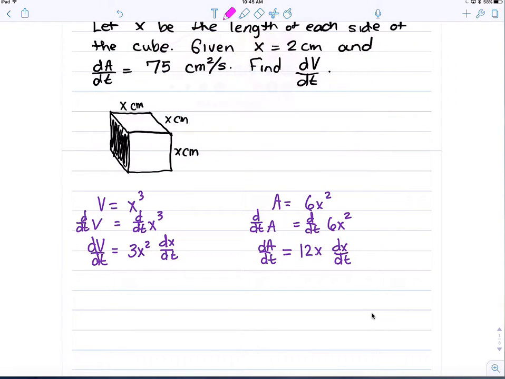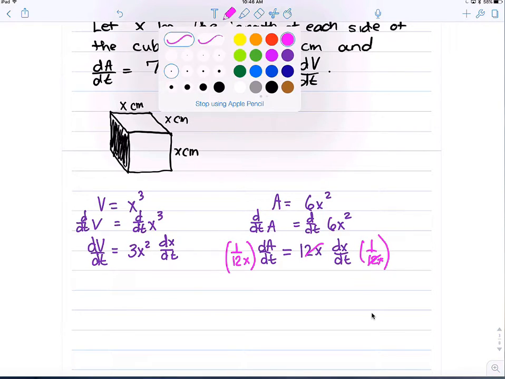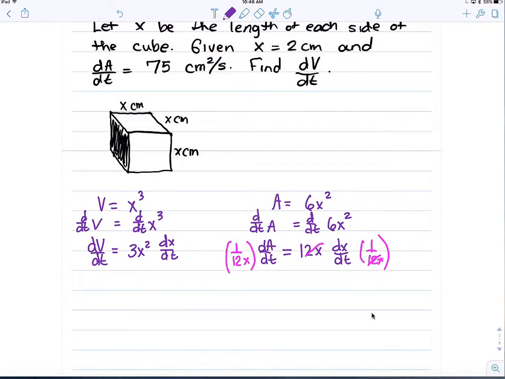Let me change color. So surface area. So this is just going to be our dx/dt. Okay, so now we can plug that value in over here.